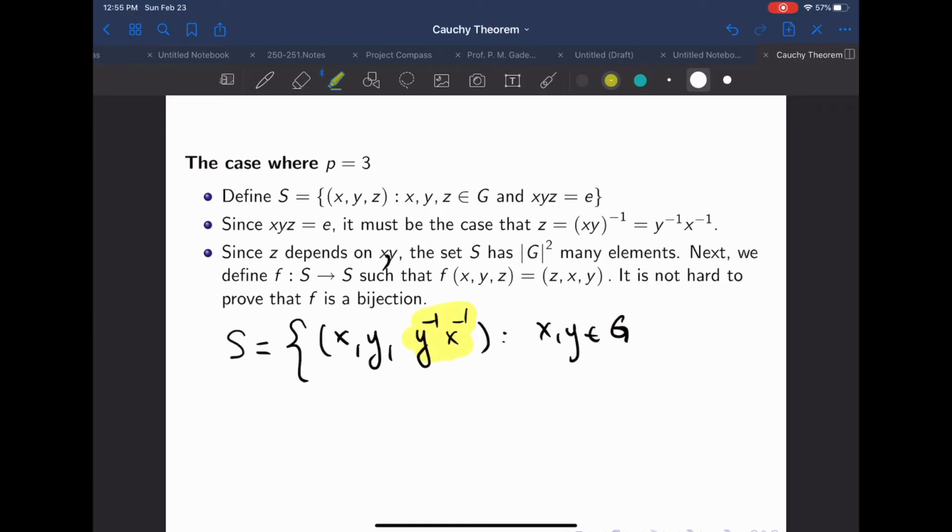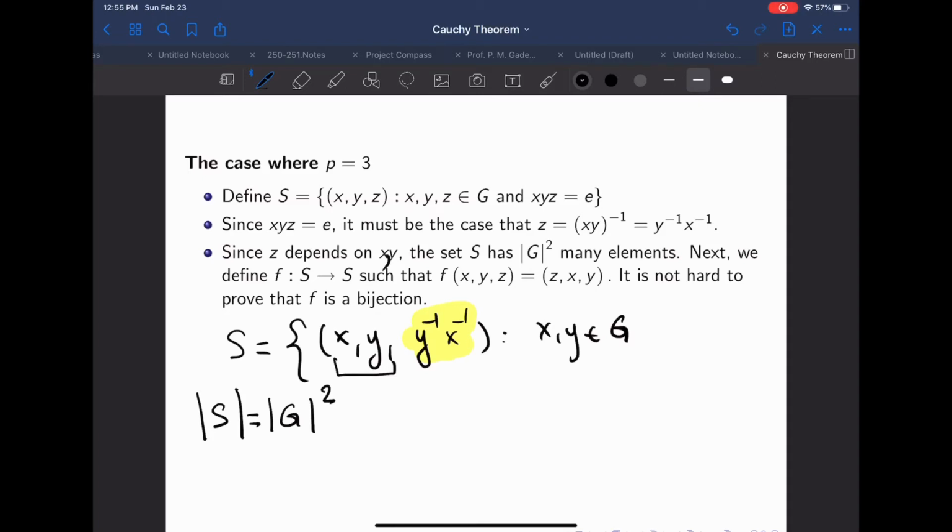So if you really want to count the elements in this set, you just need to focus on the first two components. There are order of G many ways of choosing x, and for each of these choices there is again order of G many ways for choosing y. So this is telling you that the cardinality of S is essentially the order of G squared, right? That's how many distinct elements you can have in the set S.